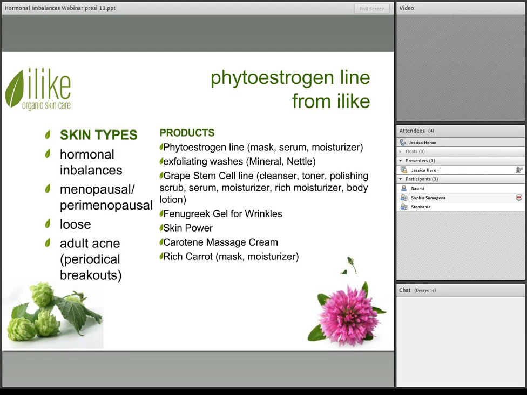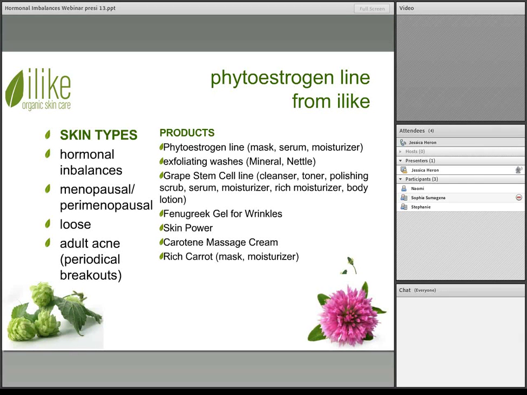We also recommend the Rich Carrot products to help with dryness and flaking and irritation that could be associated with anyone going through more invasive, stronger treatments, say for example, like laser treatments or microdermabrasion or even stronger chemical peeling. The mask, of course, is a weekly treatment that's applied once or twice a week.